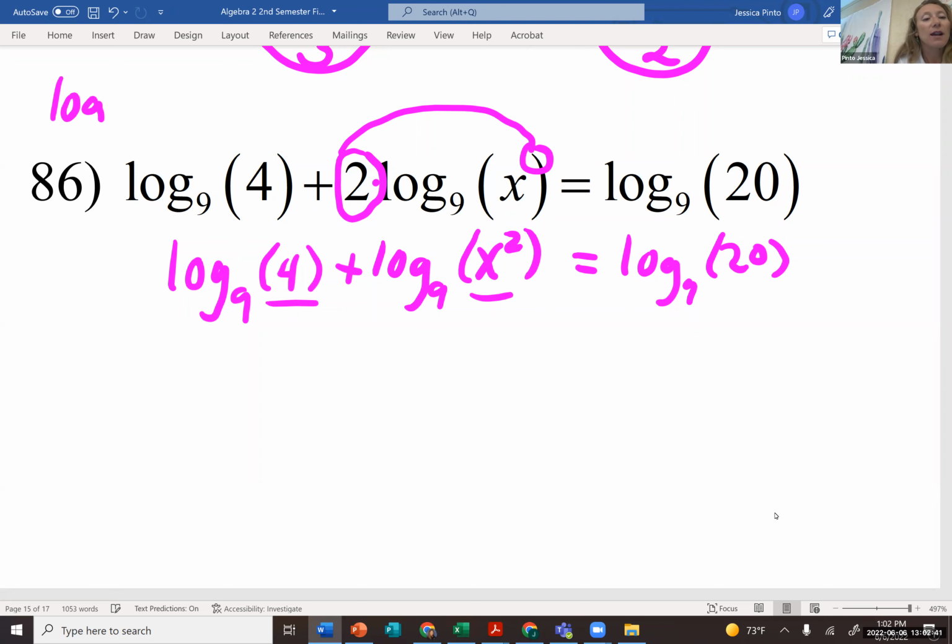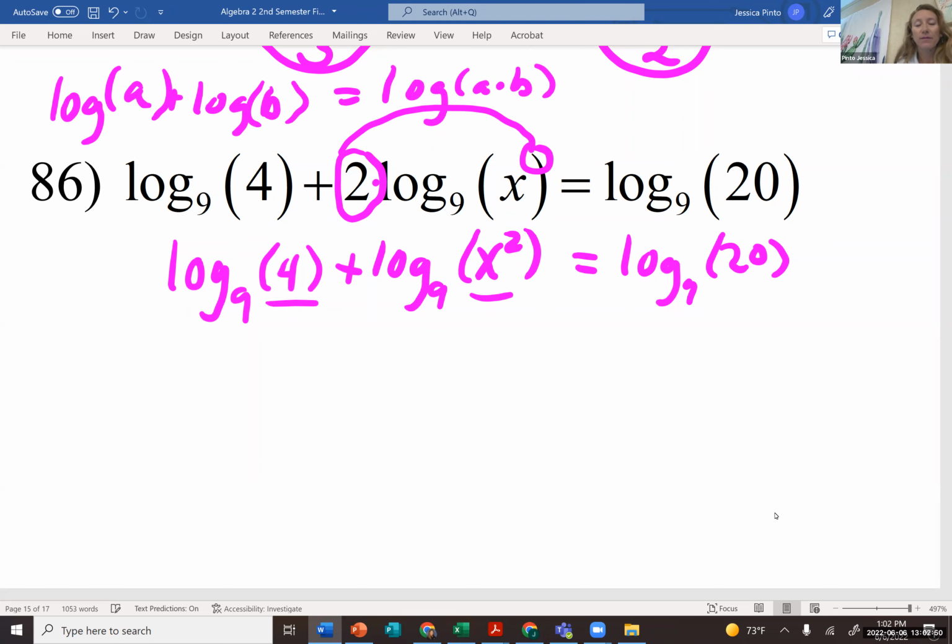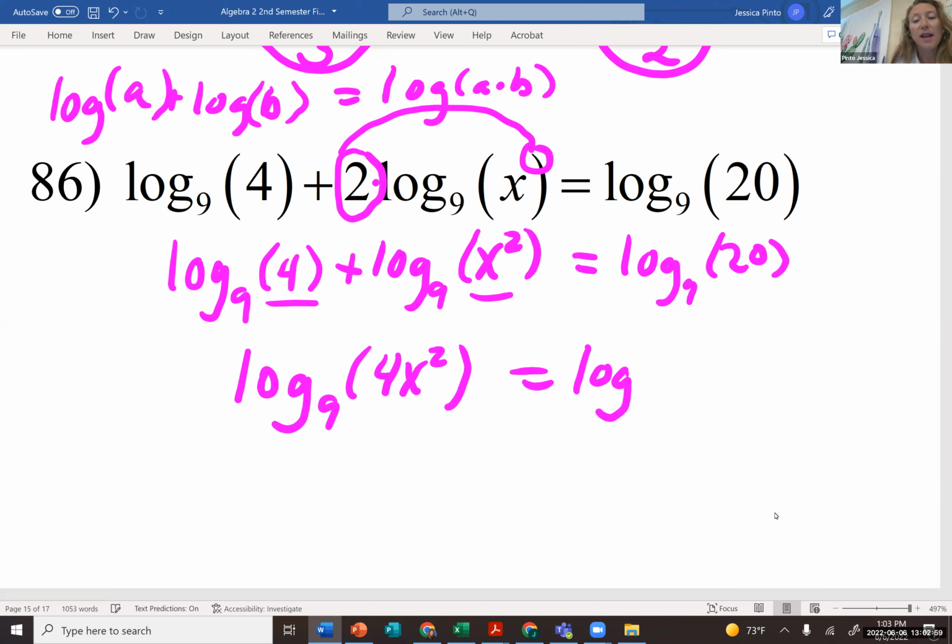That's the log A plus log B will simplify to a single log of A times B. So that's going to be log base 9 of 4x squared is equal to log base 9 of 20. Right on. This is log equals log. So since that's true, the logs are now gone, and I have 4x squared is equal to 20.